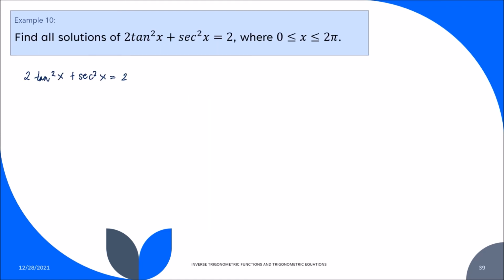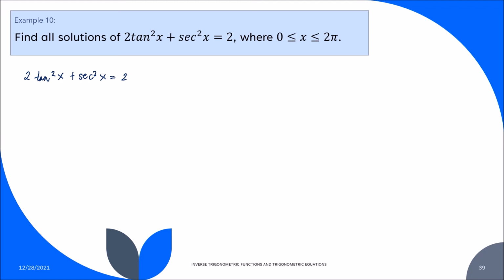In example number 10, 2 times tangent squared x plus secant squared x equals 2 is quadratic in nature. So all we have to do is to determine whether it's factorable, or we can apply trigonometric identities in order to express the terms in a uniform trigonometric function.